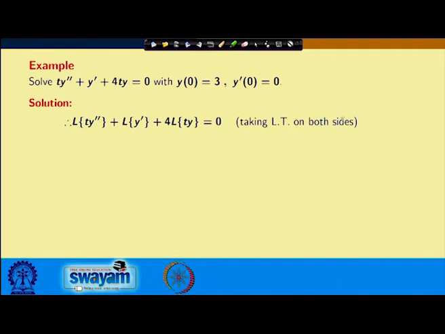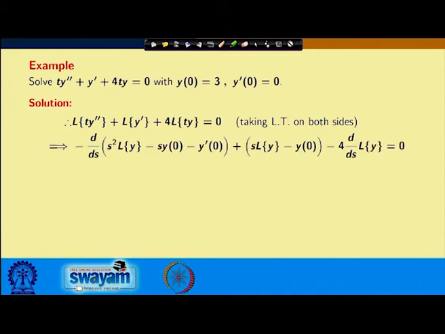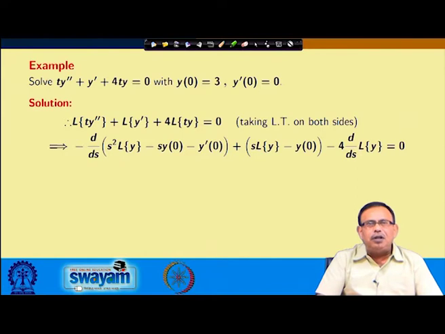So, you have the Laplace transform of t y double dash plus Laplace transform of y dash plus 4 Laplace transform of t y, equal to 0. As I told you, Laplace transform of t y double dash is nothing but minus d/ds of Laplace transform of y double dash.